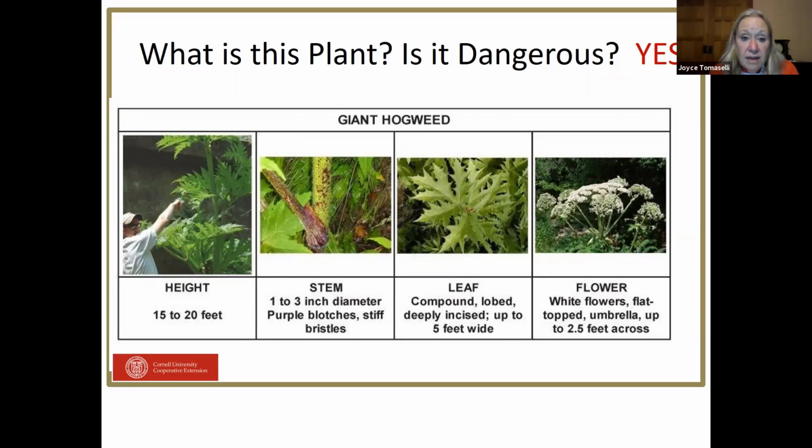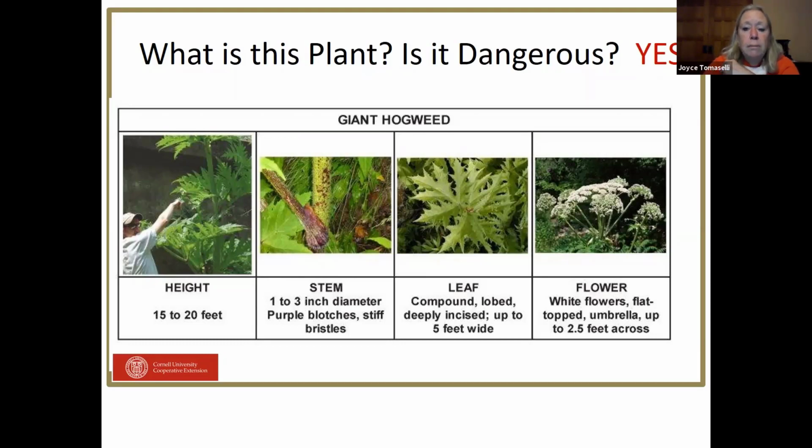So does anyone recognize, well, the name's right there, duh. So this plant is really dangerous, and it's called giant hogweed. And giant hogweed is something that if you get sap on your skin, and if you get sunshine on that sap, you get a photophytodermatitis reaction, I didn't say it right, in that your skin actually burns.